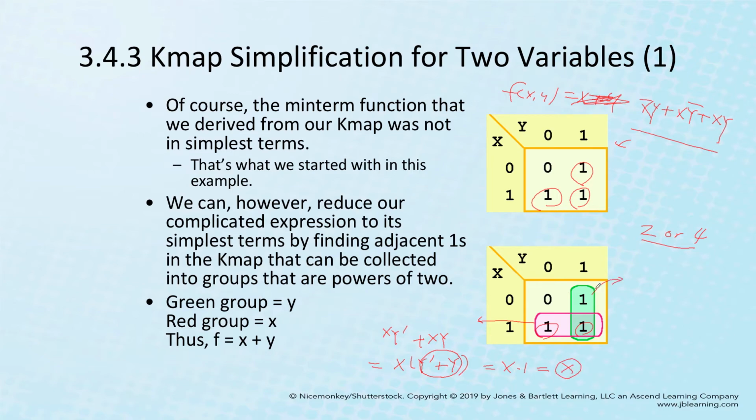In the green part, this one is x not y, since x is 0, and this one is also xy. Also using the distributive law, factor y out, then from the inverse we have a 1, and from the identity we have y. So overall the function is x plus y. So that's how we simplify using Boolean algebra identities.